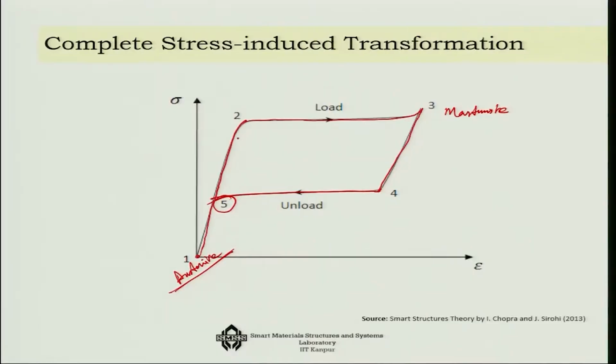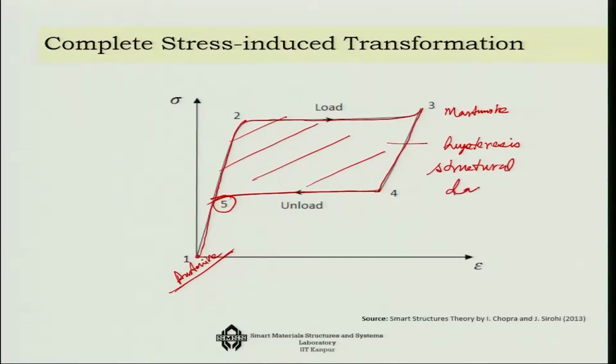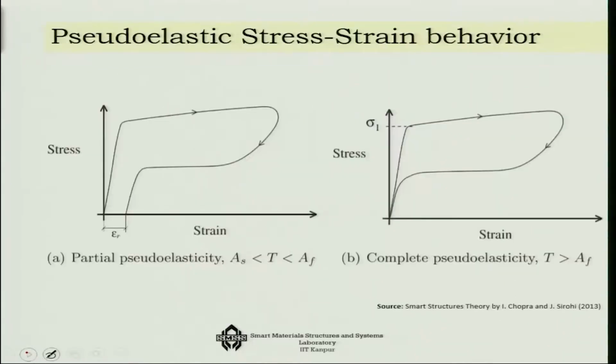So interesting thing is that this loading and unloading at a high temperature has this much of area covered by it, and this area is responsible for the hysteresis, or for that matter for structural damping. It is heavily being used today now for structural damping. So this is the pseudoelastic effect.